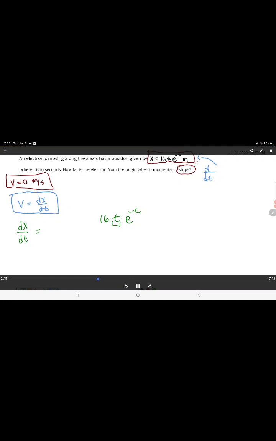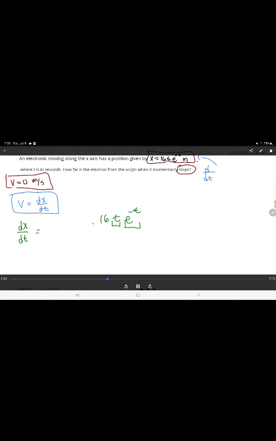And then we add it to taking the derivative of the e to the minus t part and multiplying by 16t. So the 16 is going to end up in both pieces in this product rule.